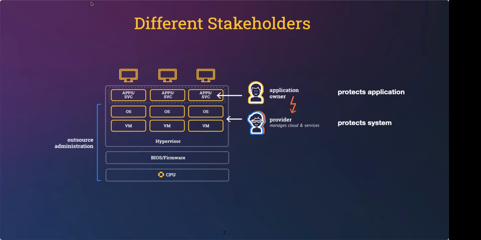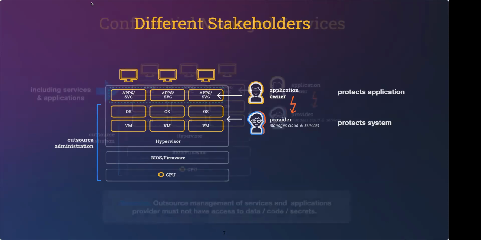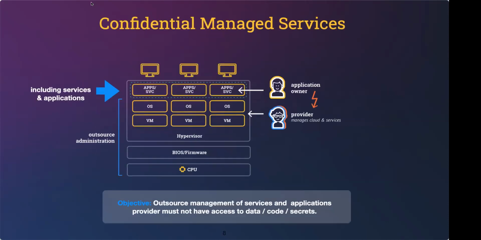Traditionally, if I manage my own infrastructure, there was less of that conflict, because all the management was done by the same company, so they all had aligned goals. Now it might be different, in that we outsource the administration or management of the infrastructure. And what we want to do these days is even to outsource the management of the application itself.